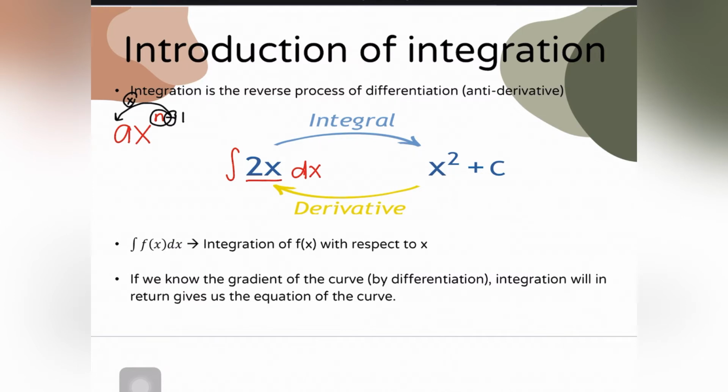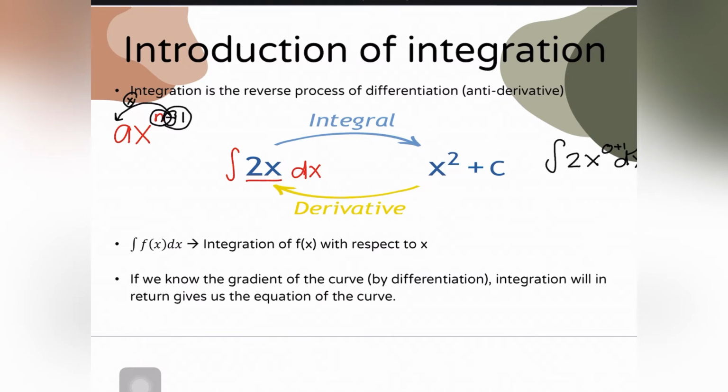So let's say now you want to integrate the function 2x with respect to x. The first step is you need to plus the power of x by 1. If for the derivative just now you minus 1, now for integration you need to plus. Plus the power first.